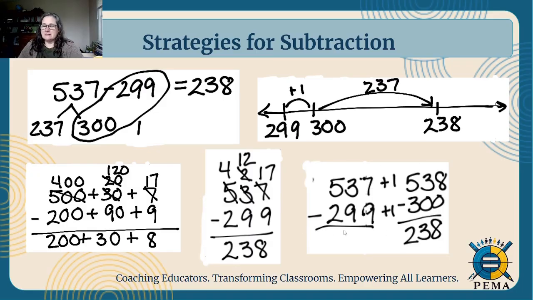So in this strategy, it's called constant difference. I know that as long as I change both numbers the same amount, the difference will stay the same. So in this one, instead of having to do all this regrouping and renaming, I can just add 1 to both numbers and see that the difference between 538 and 300 is 238.